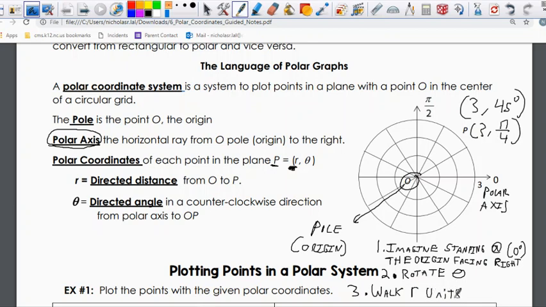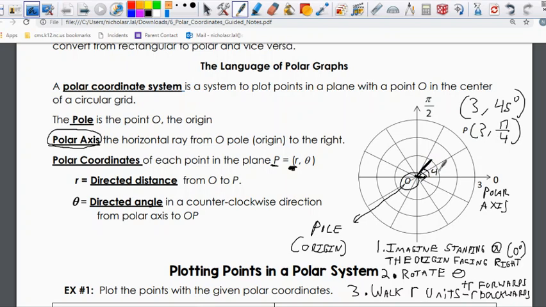So imagine standing at the origin. Remember, if you have a positive r, you walk forwards, and if you have a negative r, you walk backwards. So for (3, 45 degrees), you're standing at the origin, facing right at 0 degrees, you rotate 45 degrees, which is about right here.